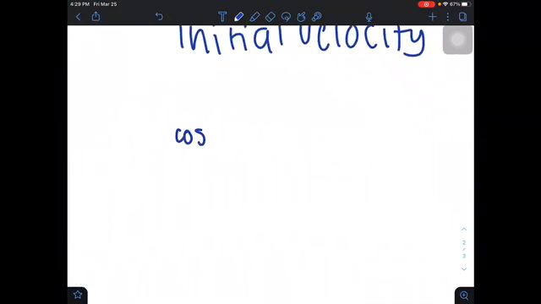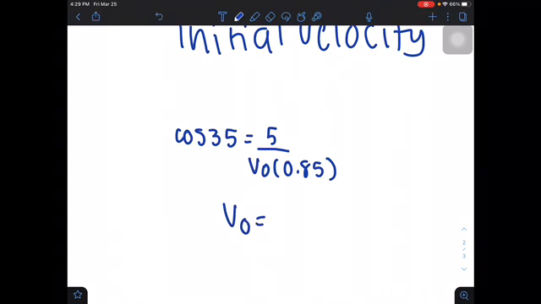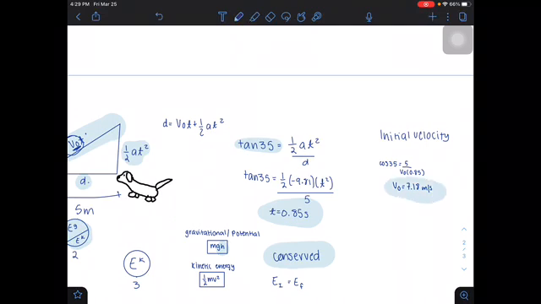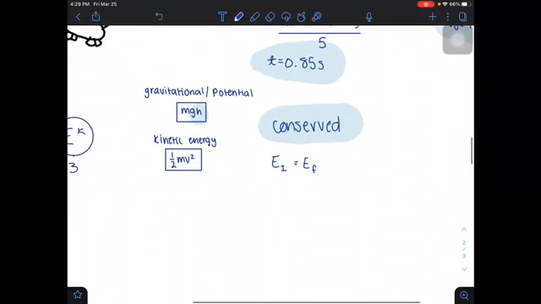So cosine of 35 equals 5 over v naught times 0.85, which gives us v naught is equal to 7.18 meters per second. So now we have enough knowns to solve for energy.